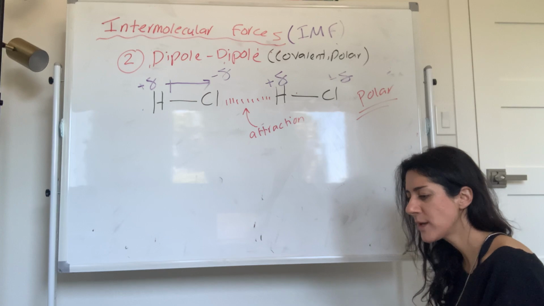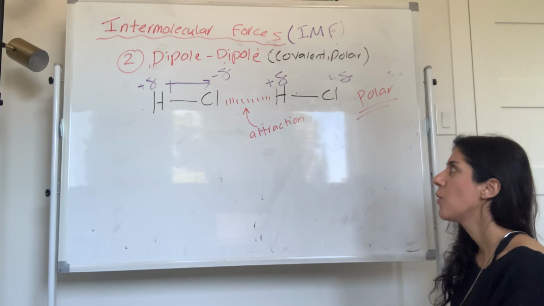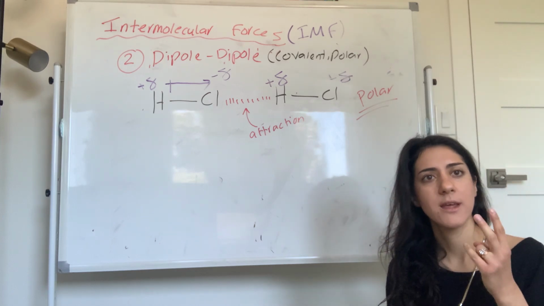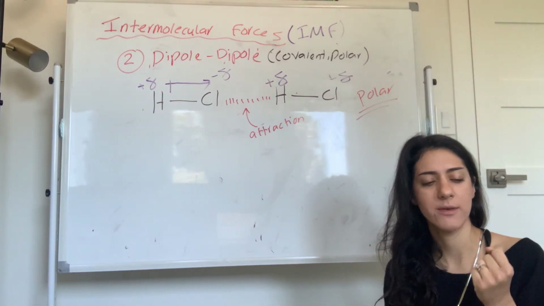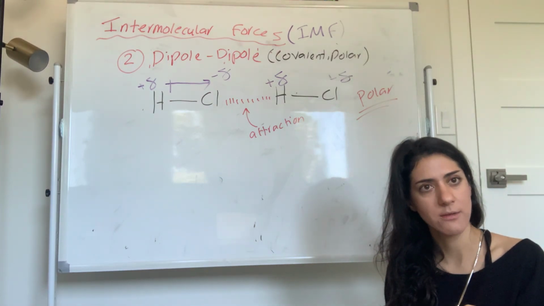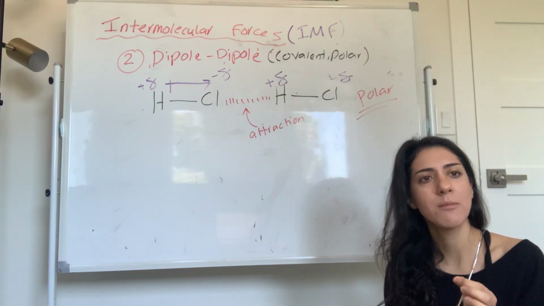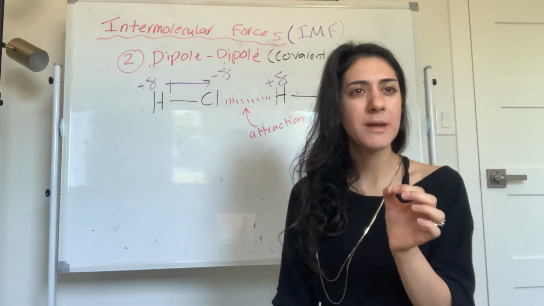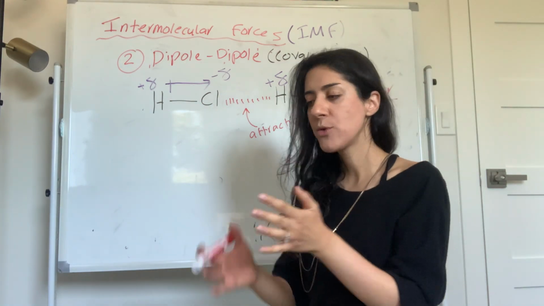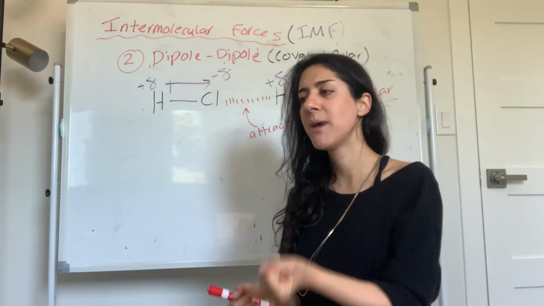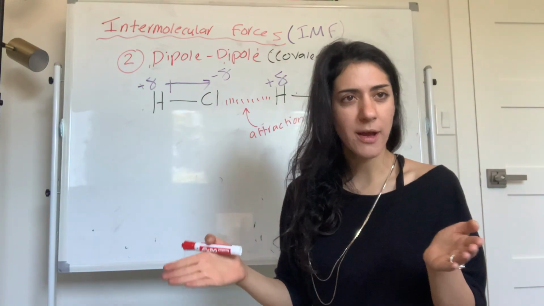Now, I also want to give you a little hint. When you're deciding if you have a covalent compound or not, we said, how do you know if you have a covalent compound? Two nonmetals together, right? Consider hydrogen as a nonmetal, and that makes your life a little bit easier. So, when you have a compound, you're deciding what type of IMF it has. If it has a metal and a nonmetal, it's going to be ionic.